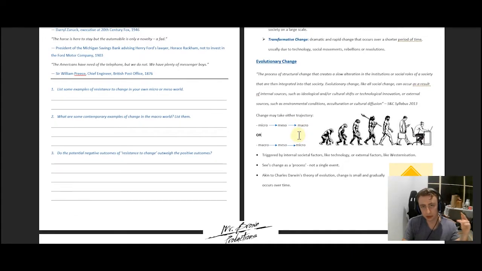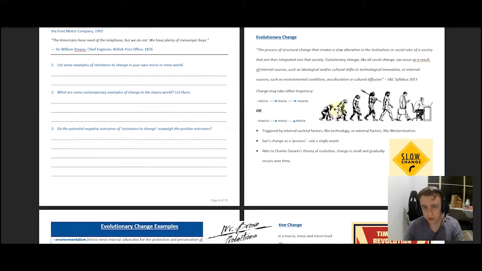So when we're looking at evolutionary change, it's linear. It goes from point A to point B. You can sort of see here, there's nothing, I guess, that's disrupting the change and making it what we call dialectical, but we'll look at that later. But it's linear. It's very straightforward change with evolutionary change.